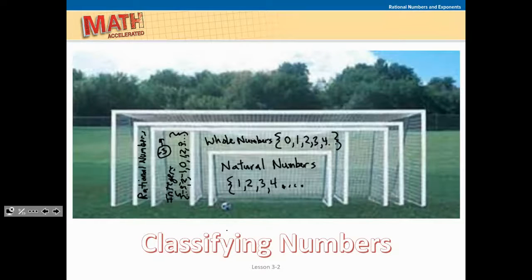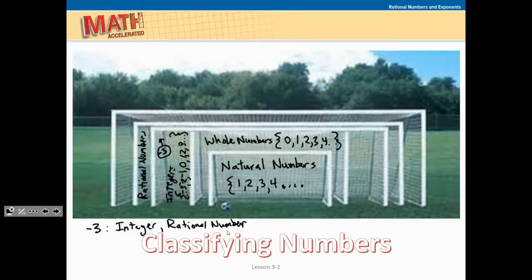So when we classify the number -3, we would call it an integer, but we'd also call it a rational number. So it depends on which goal you would shoot it on, and then it could have more than one name or classification.